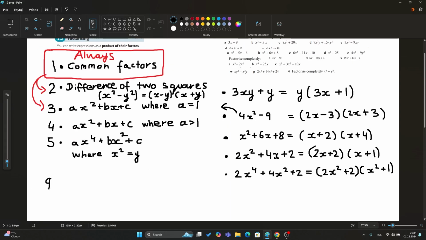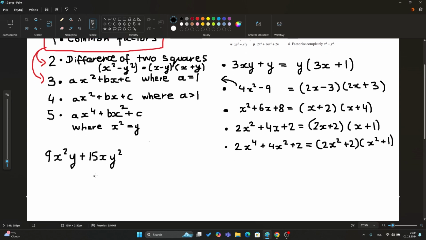Now here we have 9x squared y plus 15xy squared. So what happens here is that we have 9 and 15. The common factor of that is 3. We have x squared and x. The common factor is x. And y squared and y. The common factor is y.